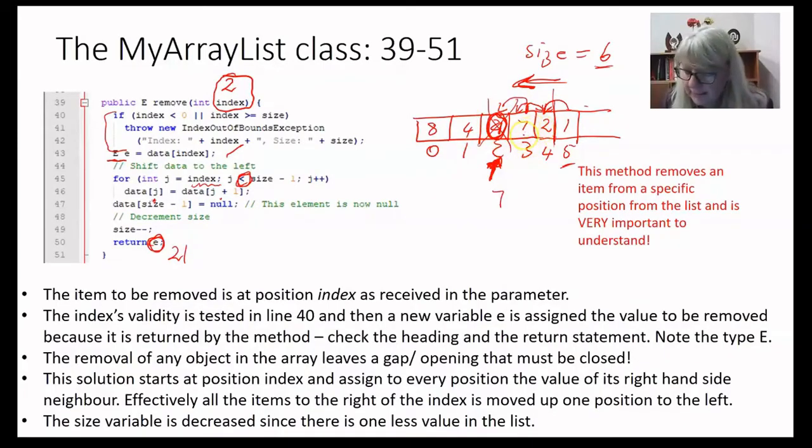We replace the 7 by the 2, and we replace the 2 by the 1. Can you see why we stop here at smaller than? Otherwise, j plus 1 would have been out of bounds. And what else should we do? We should decrement size.